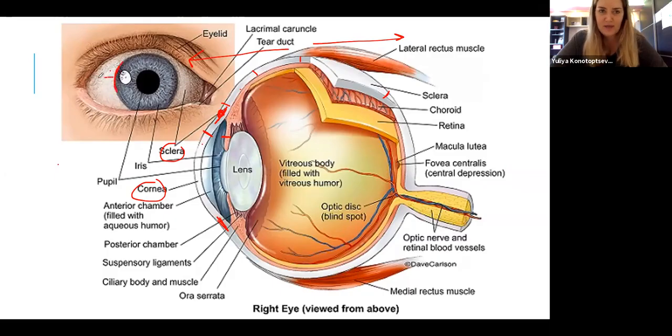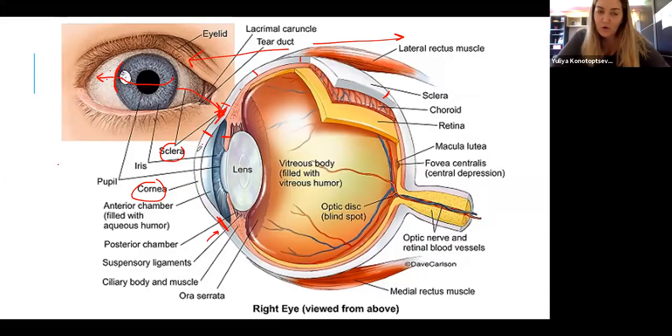This is the sclera, and this is the cornea, kind of bulging forward. The area where cornea and sclera meet up is known as the limbus. So here's limbus, and this is also going to be limbus.